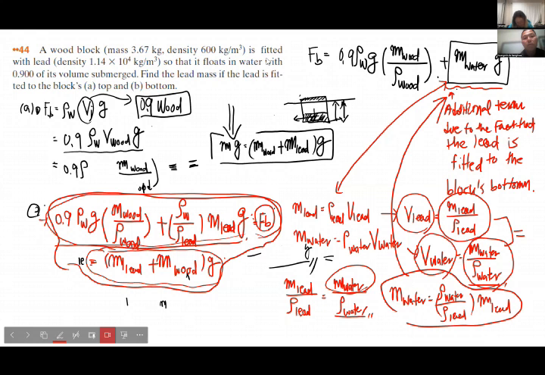Everything is the same except that additional second term. So you should be able to derive the formula again, re-summarize to derive the formula for the mass of lead. Can you do that? It's pretty straightforward, just like problem A.